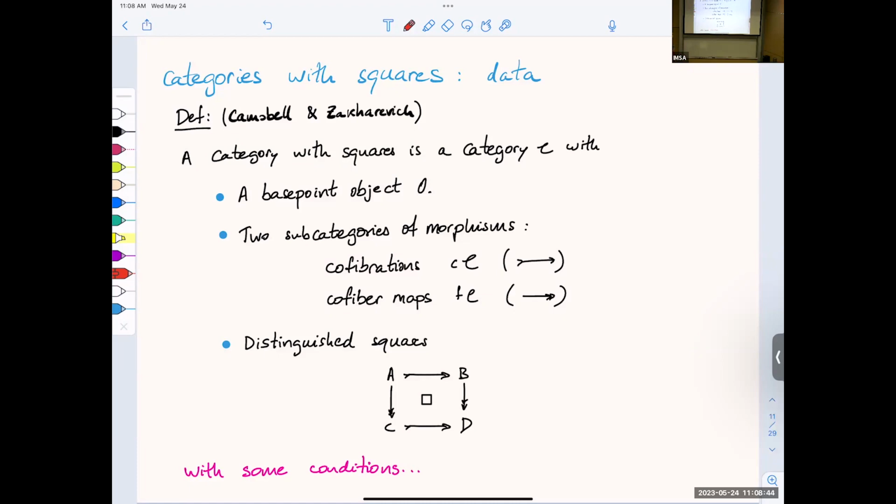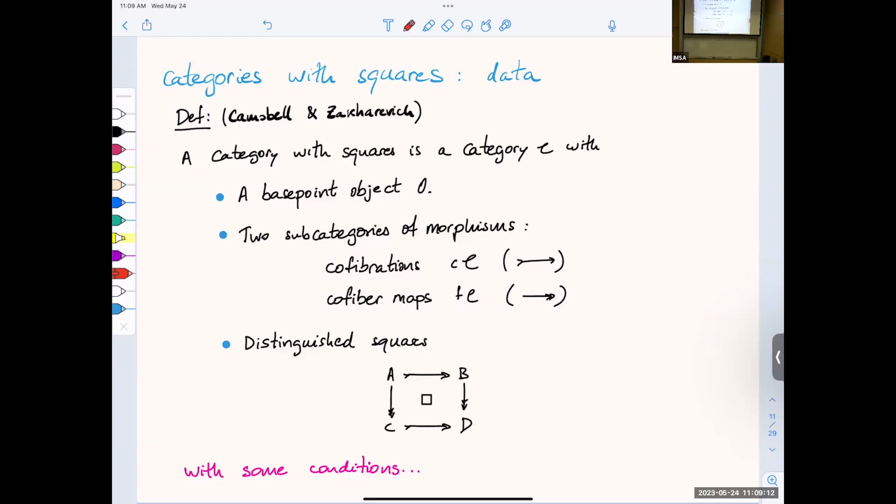And this was an interesting categorical concept, which was the notion of categories with squares. So the next few slides are going to reflect a little bit the work that Campbell and Zakharevich shared with us about what categories with squares are. And then after we see this in generality, I'm going to say how we apply this to the world of manifolds.